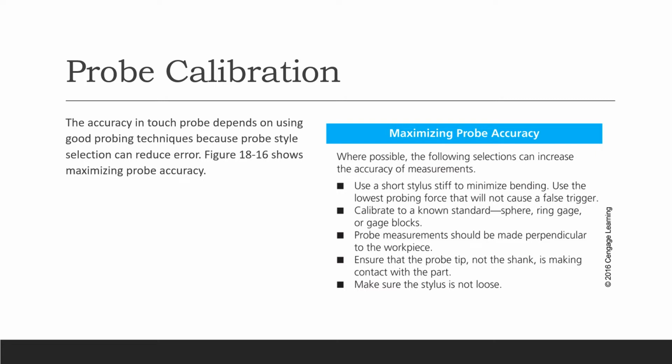Alright, and here you can see a table, and that's just showing you maximizing probe accuracy. Just follow these good practices right there. The first one is use a short stylus to minimize bending. Use the lowest probing force that will not cause a false trigger.